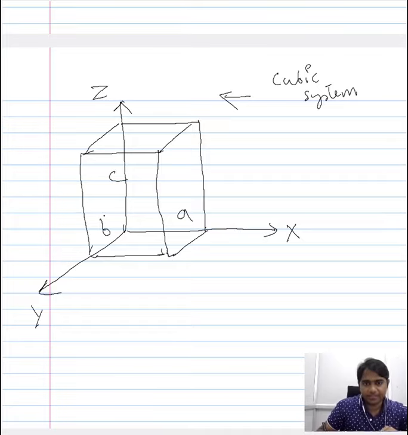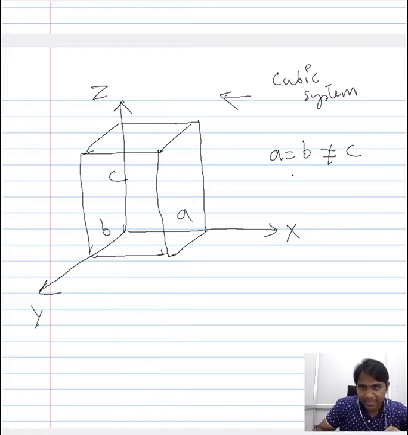This unit cell is characterized by the equality between A and B, but it is not equal to C. So A and B are equal, but C is not equal to these two.